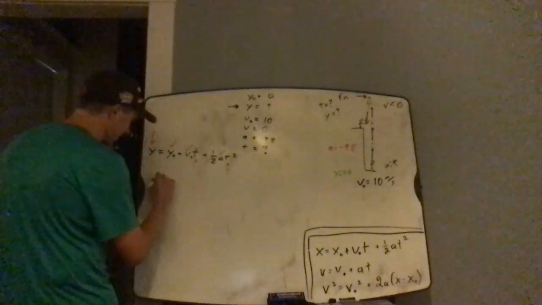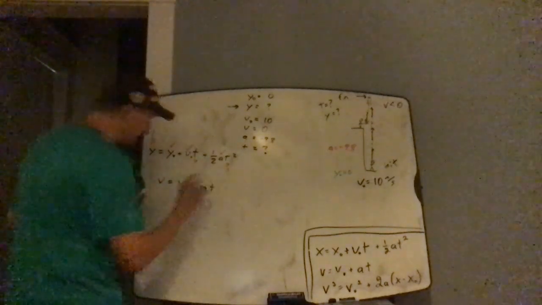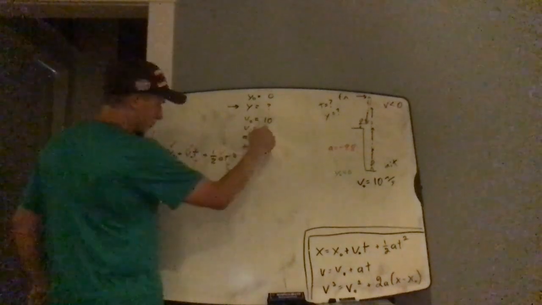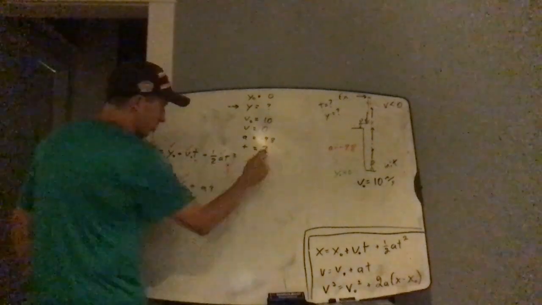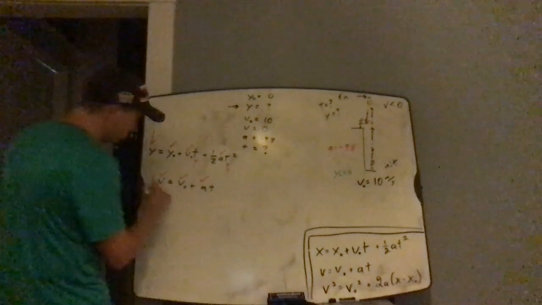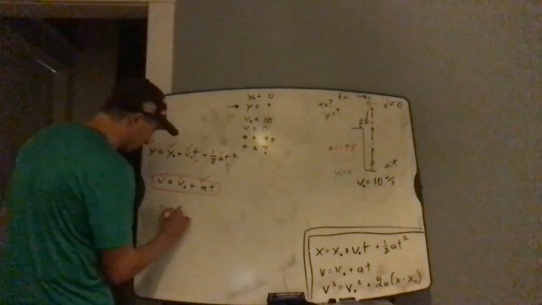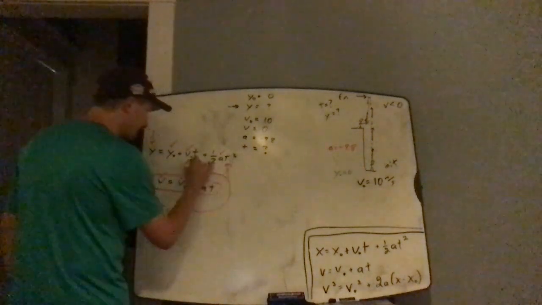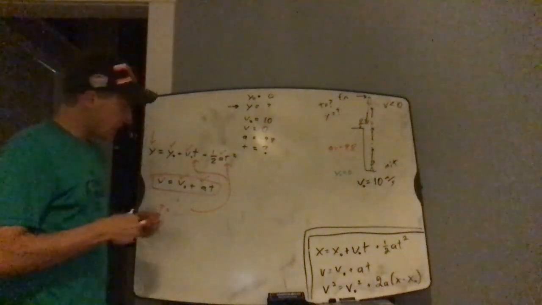So I could then say v is equal to v initial plus at. I know what v final is, that's 0, that whole rant I just went on. I know v initial is 10, I know acceleration. So in principle, I could use this equation, do some math, find t is equal to some number, then plug that in there, and solve the problem.